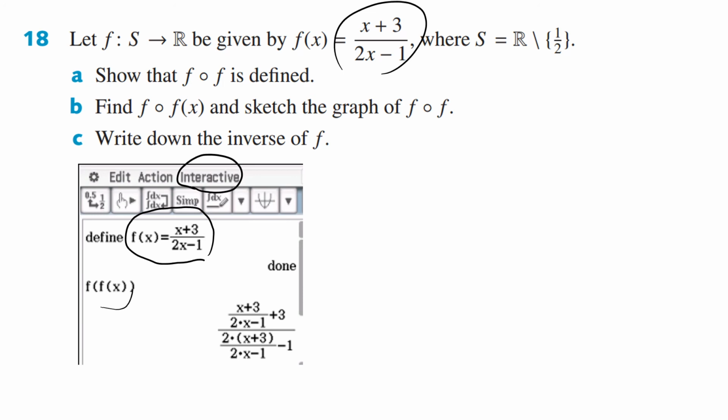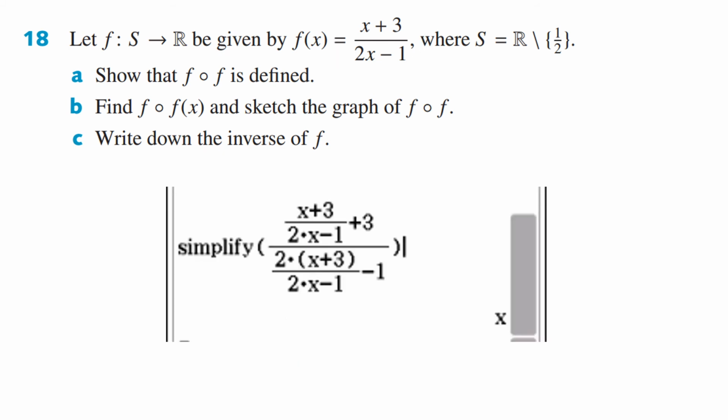And then I've tried to ask you to work out f of f of x, and it's served this up to me. Well, it's actually correct, but it's not really what I want. So on the next slide, I'll show you what you can do about that. There is a function inside the calculator which actually simplifies expressions such as this, and that's the function called simplify.